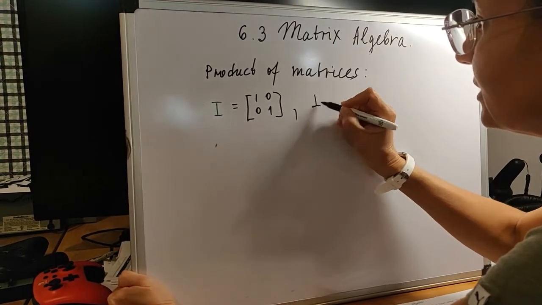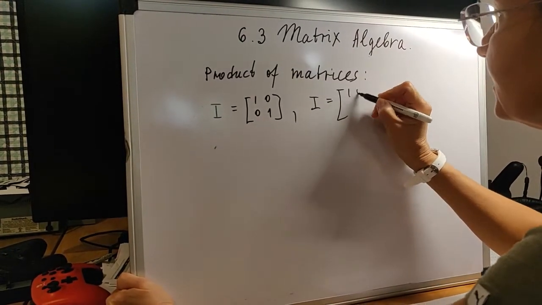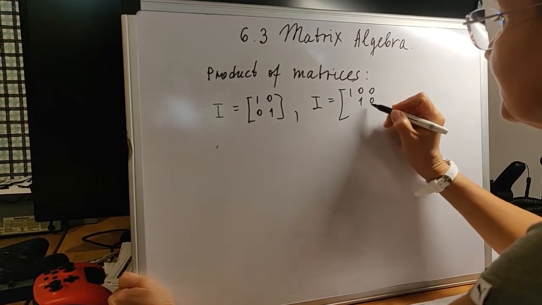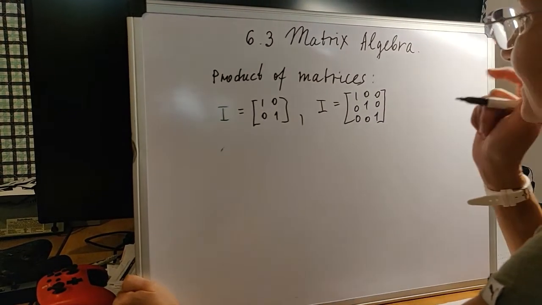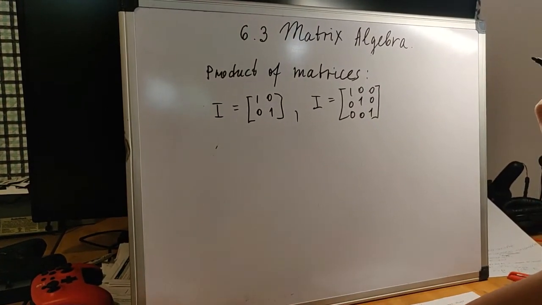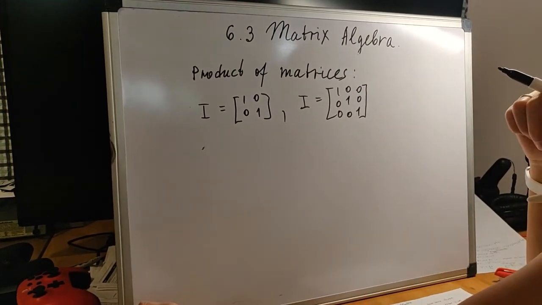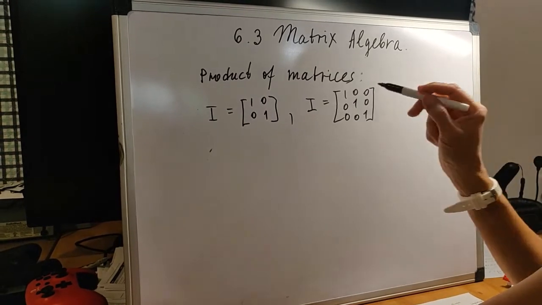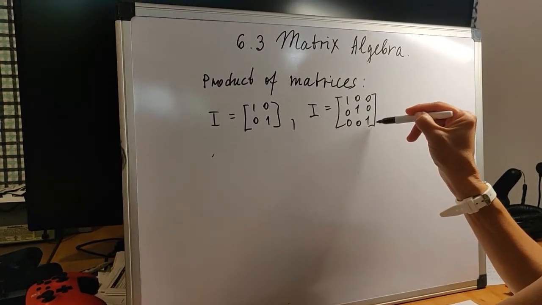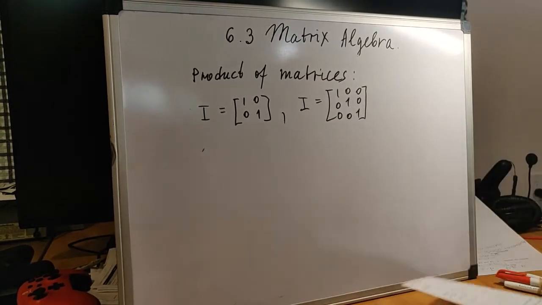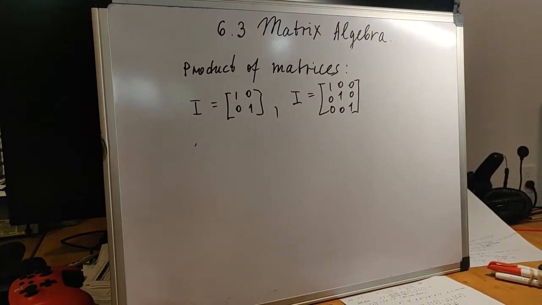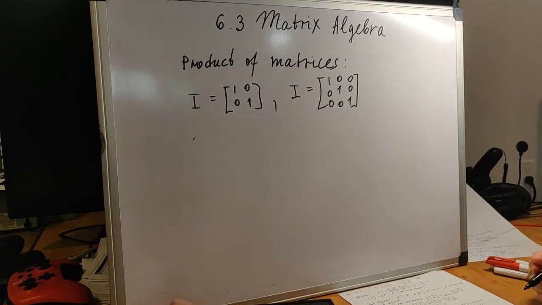It also can look like this: 1, 0, 0, 1, 0, 1, 0, 0, 0. So identity matrix is a square matrix of arbitrary size, whichever size you need, which is going to have 1 on diagonal and zeros everywhere else. What is interesting about identity matrix, and why do we specify this identity matrix?